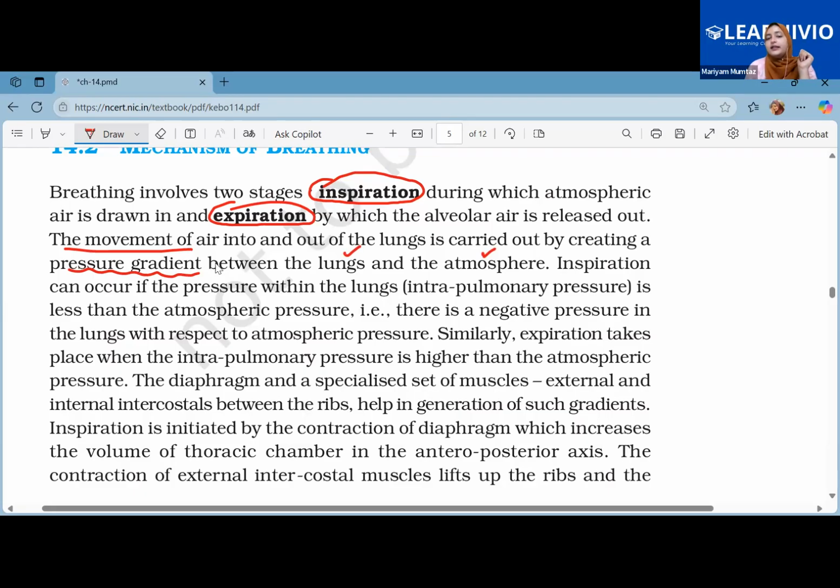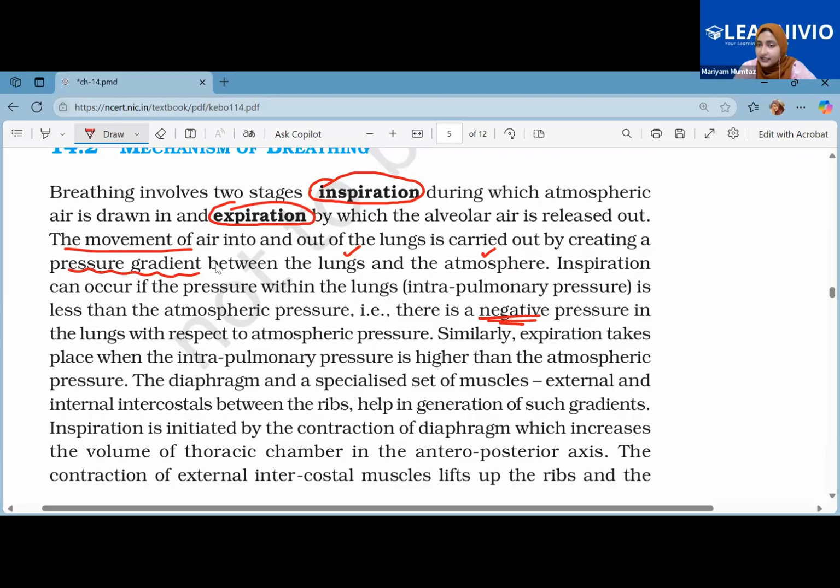Now what happens? Because of the negative pressure, the air comes into our lungs. How? Because when we breathe in, our external intercostal muscles contract and our diaphragm becomes flattened, isn't it? So as a result, the volume of the chest cavity increases. Now, if the volume of the chest cavity is increasing, the volume of the pulmonary cavity, that is the lung cavity, also increases.